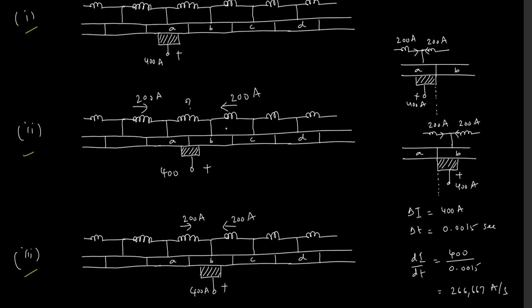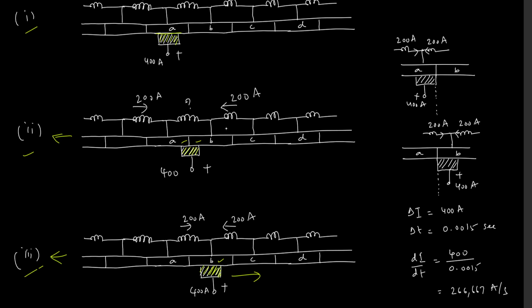At some time this brush is occupying completely the commutator segment A. In the second instant, this brush is shorting both segments A and B. And in the third instant, the brush has completely come onto segment B. It left segment A. The rotor is moving like this, so the brush moves towards the right side, and now it is occupying segment B completely.